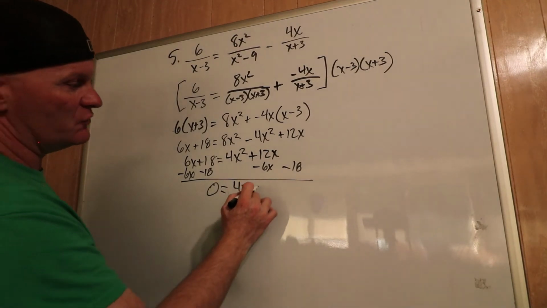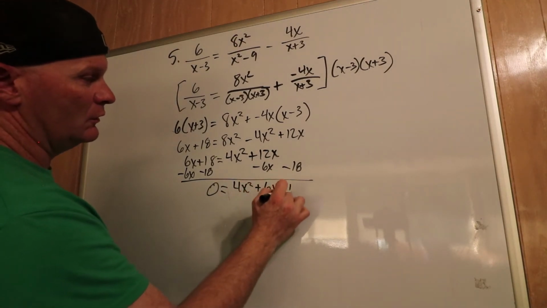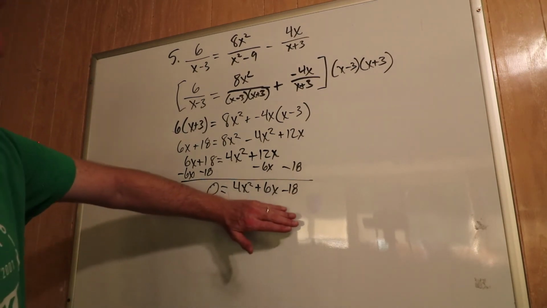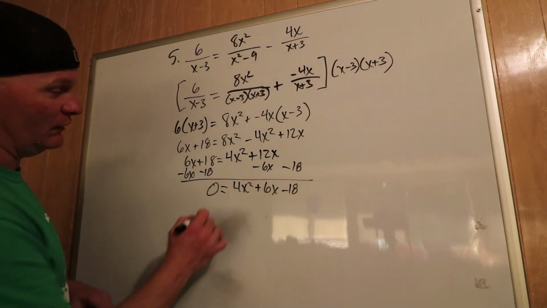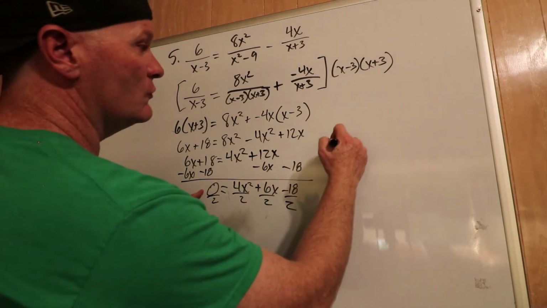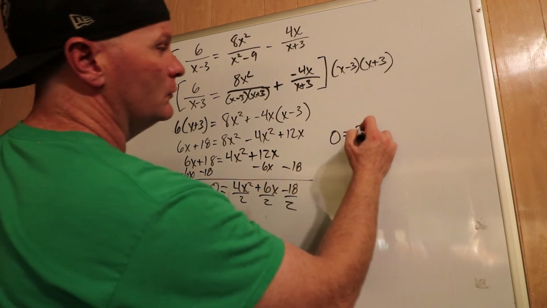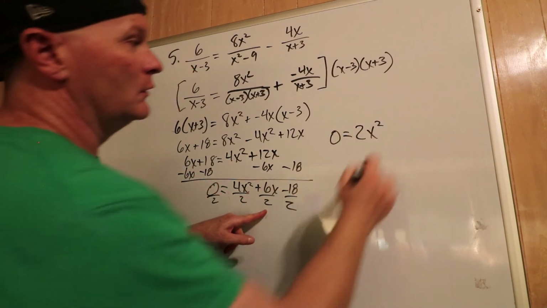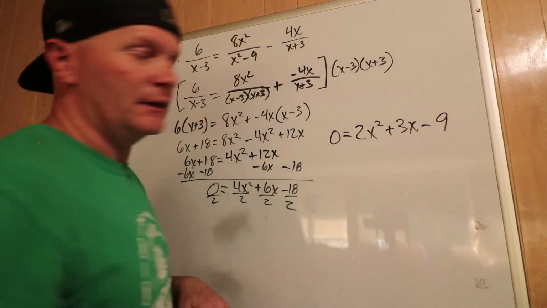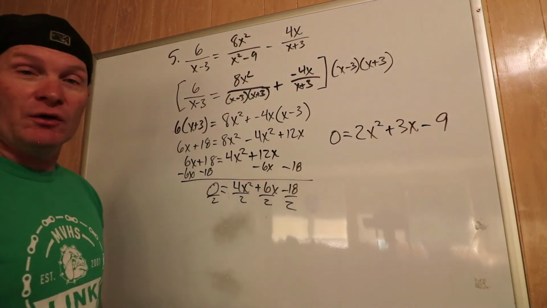See, 12 minus 6 is plus 6x minus 18. We can simplify this a little bit because 2 goes into everything. So I'm going to divide everything by 2. And I get 0 equals 2x squared plus 3x minus 9. There's a couple ways to do this one.